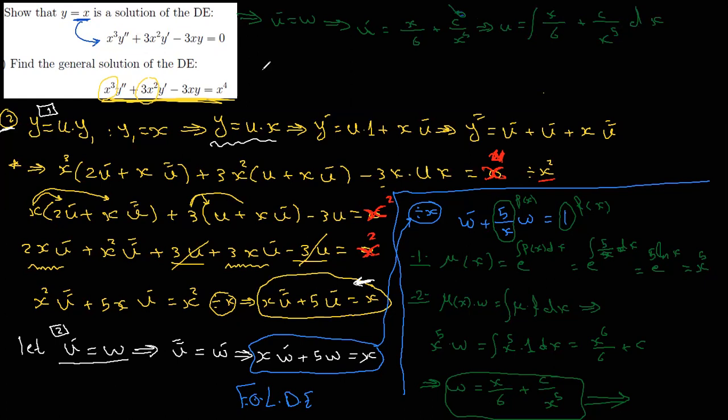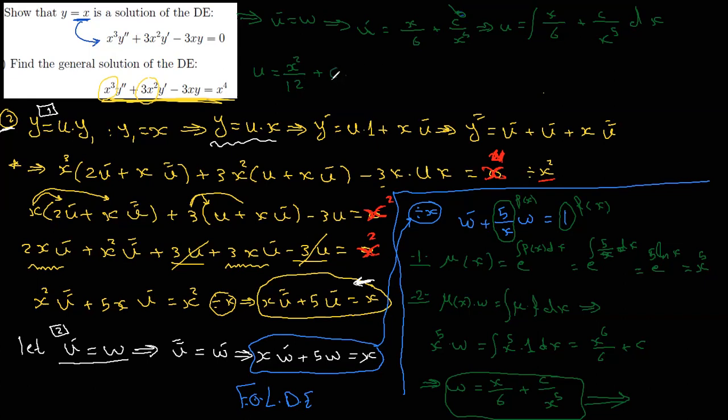So the u is the integral of x divided by 6, which is x squared divided by 6 times 2, which is 12. Plus, how to find the integral of c over x to the power 5? C is a constant, so leave the c.